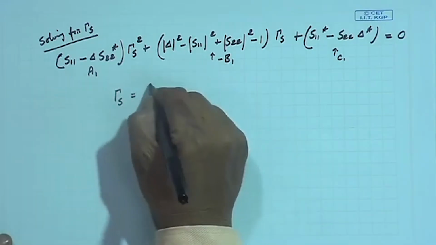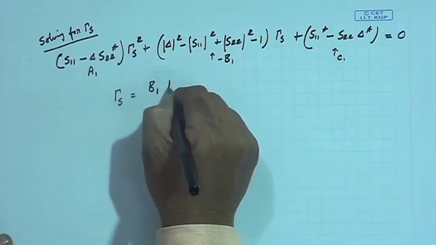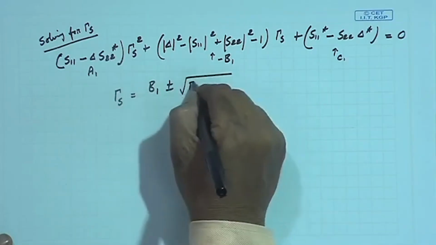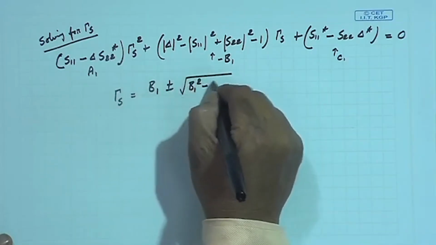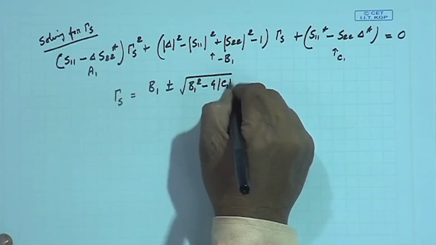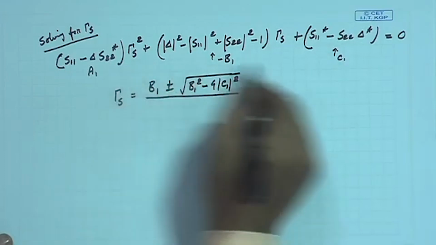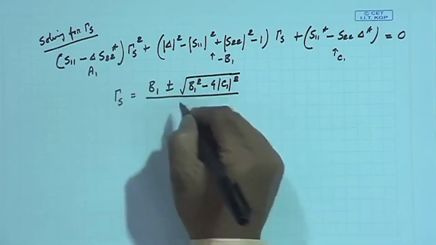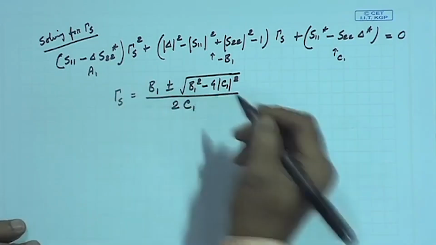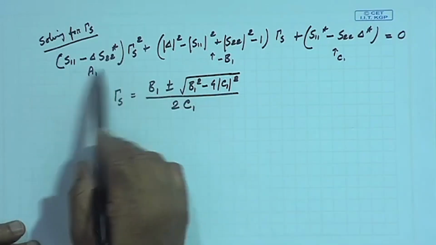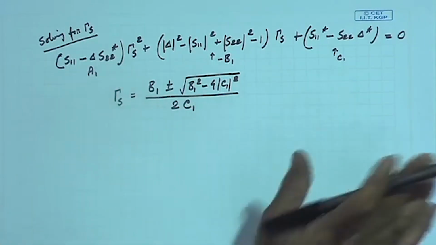So, gamma S can be written as B1 plus or minus the root of B1 square minus 4 A1 C1, over 2 C1. It is just simple manipulation; this is Sridharacharya's formula, an Indian contribution. The only thing here is that A1 and C1 are complex numbers, but the formula still holds.